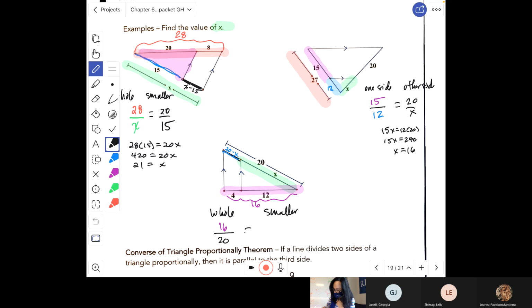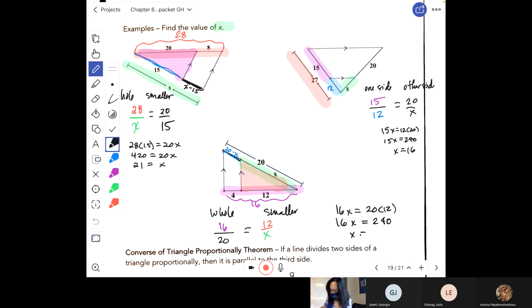So maybe I could do 16 is to what? 20 as, and again, I want to look at the smaller triangle now. 12 over x. And then I'd cross multiply, and I'd get 16x equals 20 times 12. So 16x equals, again, 240.